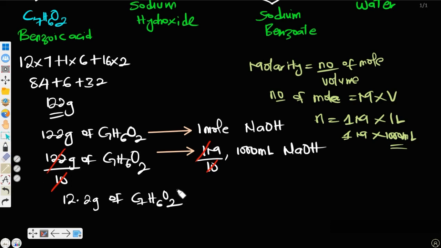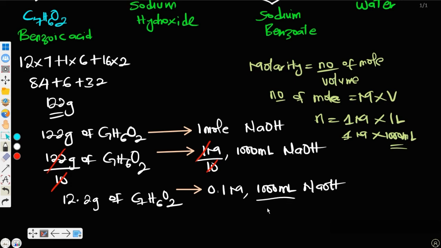C7H6O2. This will give us 0.1 molar, 1000 milliliter of sodium hydroxide. Now, to calculate for the milli equivalent, that means how many grams will be present in 1 ml of 0.1 molar solution.